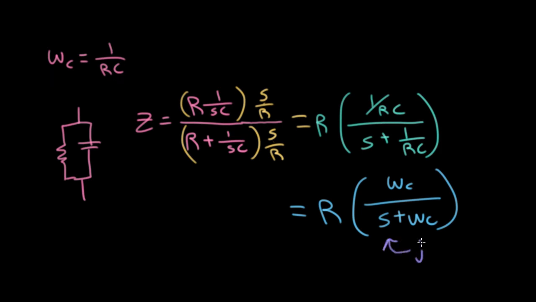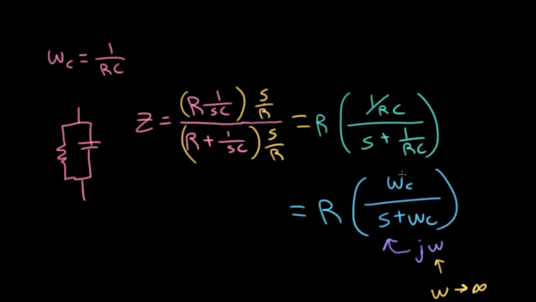And if we plug in j omega for S to get a frequency response, you can see that if I then plug in 0 for omega, I'll have omega C over omega C, everything cancels, and that gives me R. So I just get that resistance back at DC, and that matches with our intuition that at low frequencies, capacitors look like open circuits.